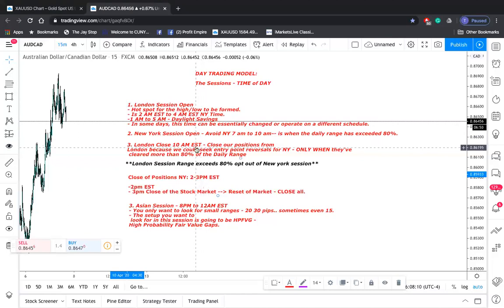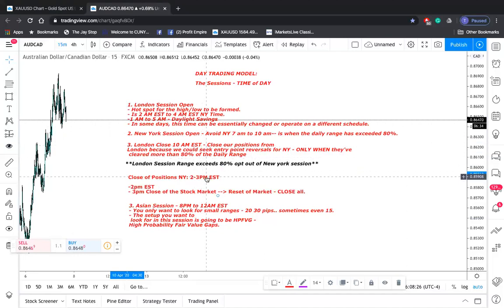So the second one that we're going to go over is going to be the New York Session Open, and that's from 7 a.m. to 10 a.m. Now you want to avoid New York Session when the daily range in London has exceeded 80%. So when the London Session range exceeds 80%, you want to opt out of New York Session.